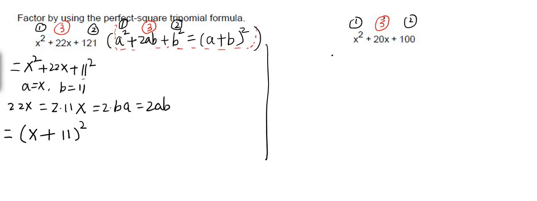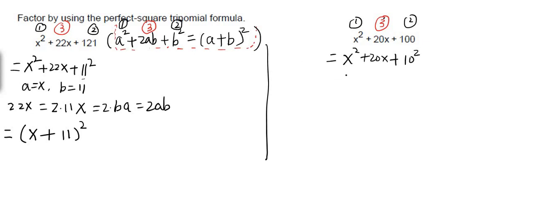For the first term and the second term, we try to write them down in square format. So here we already have x squared, which we copy. And for the second term, 100, we can tell 100 can be written down as 10 square. Now compare with the formula.